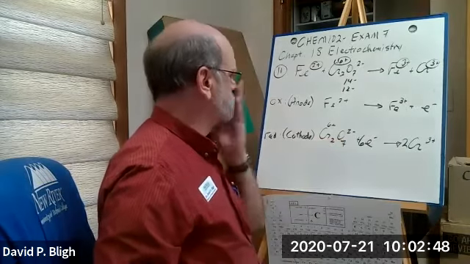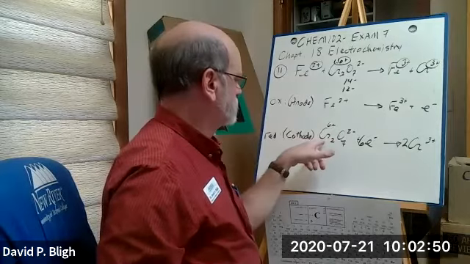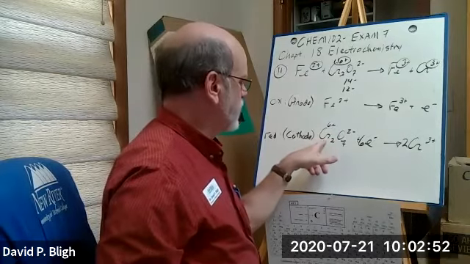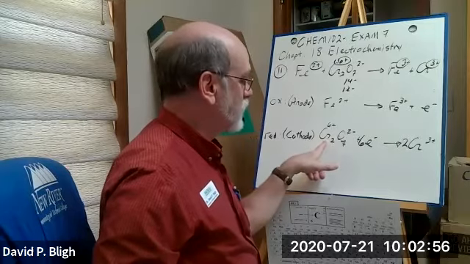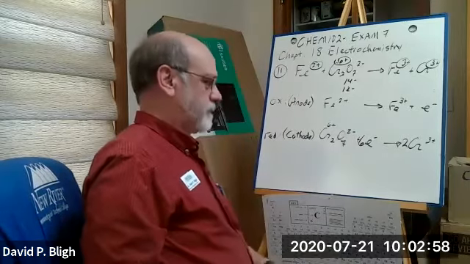Did I say that right? If this chromium is 6 plus and it goes to 3 plus, it has to gain 3 electrons per chromium, 6 electrons. Okay.